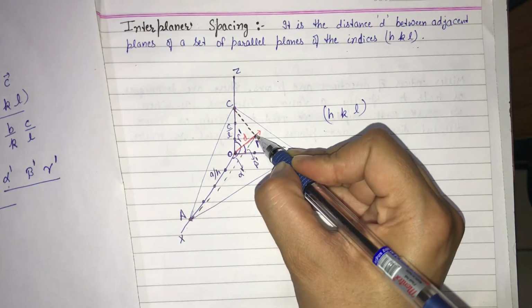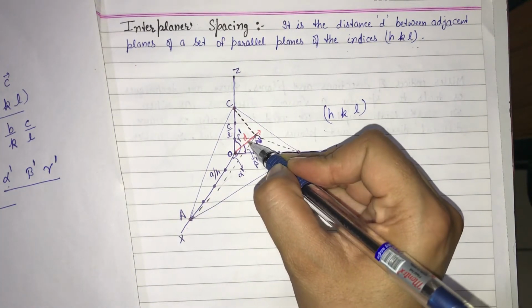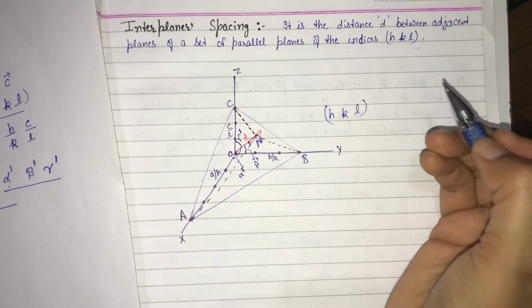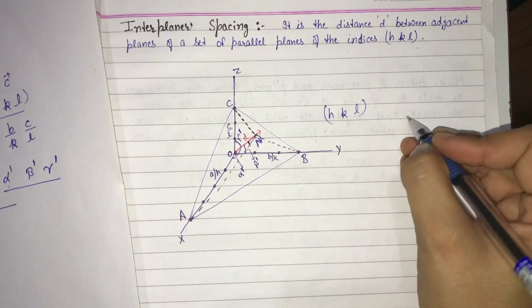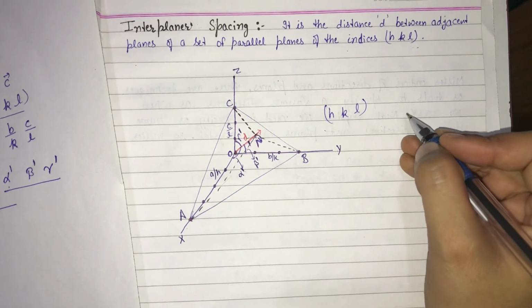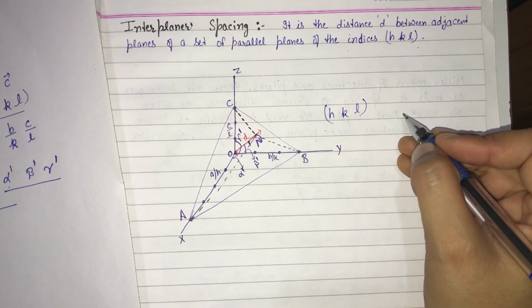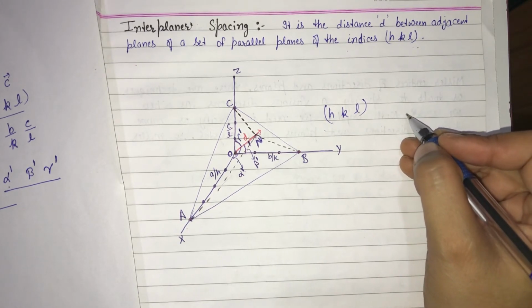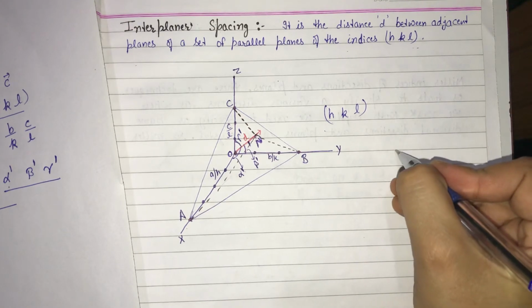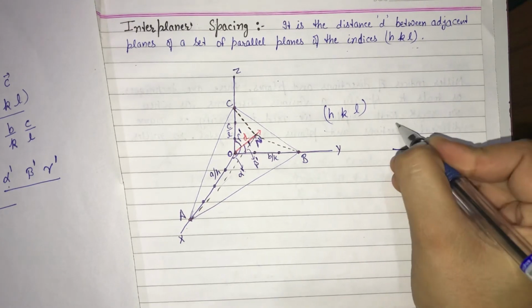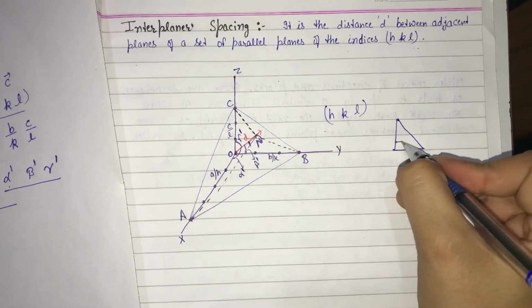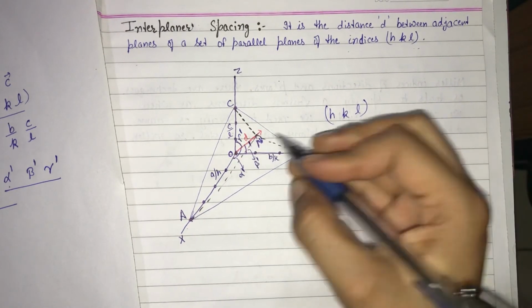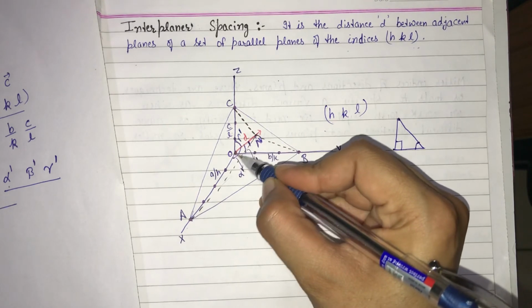Now see, OAN is a right angle triangle कि जिसमें ये जो angle है this is 90 degree. To elaborate this, that I have drawn here on this side, if I draw this OAN triangle, then this will be a right angle triangle, angle 90 degree, and one angle is, आप देखिए यहाँ से, this is alpha dash.